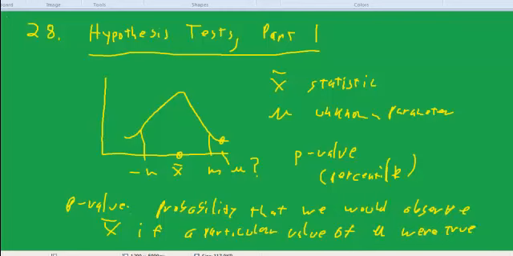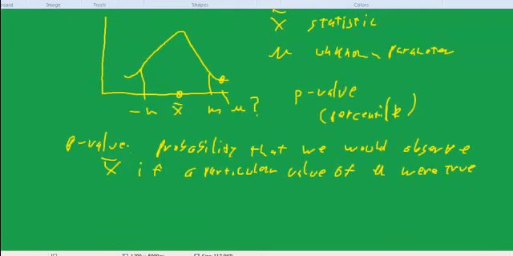So we're trying to say what would be the chances that we would have observed this if in fact this were the true population mean. We calculate that, and that's a p-value.